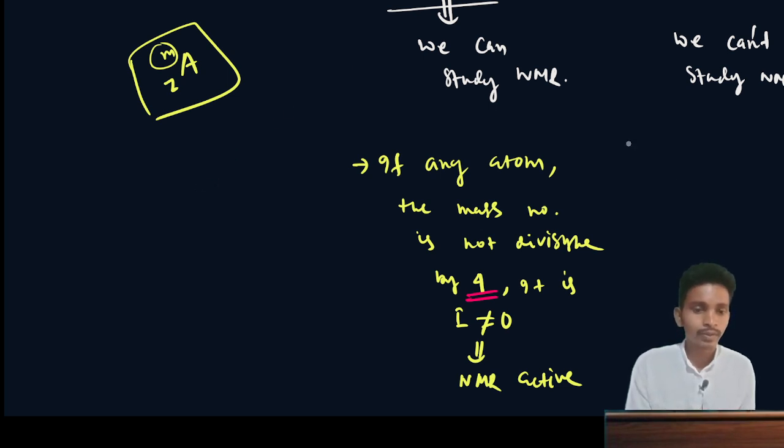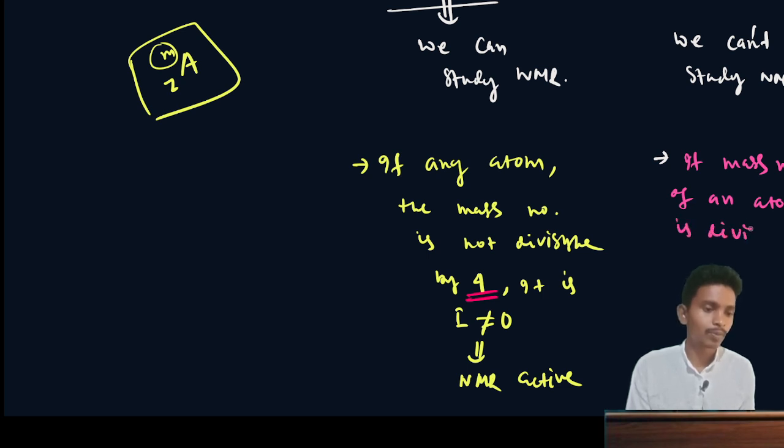So if the mass number of an atom is divisible by 4, then I equals 0, and it is NMR inactive.